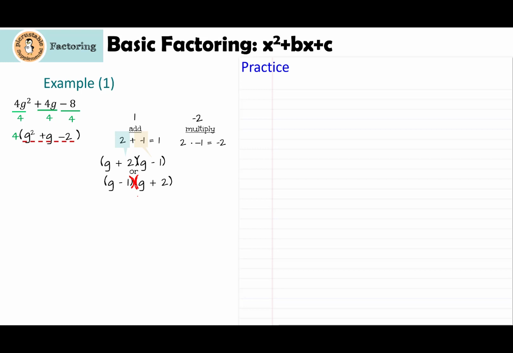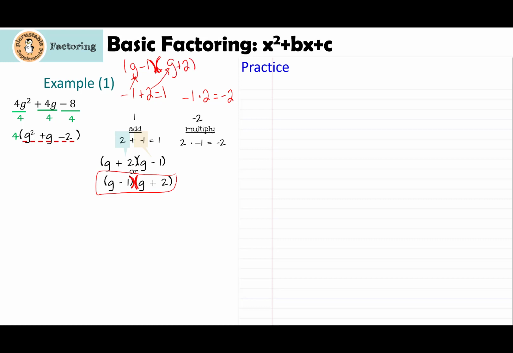Now, some of you might be asking, well, when would I get this? What if you had negative 1 times 2 equals negative 2, and then negative 1 plus 2 equals 1? That would give us, if we followed this, g minus 1 and then g plus 2.